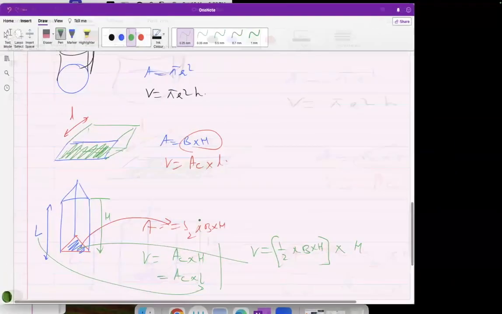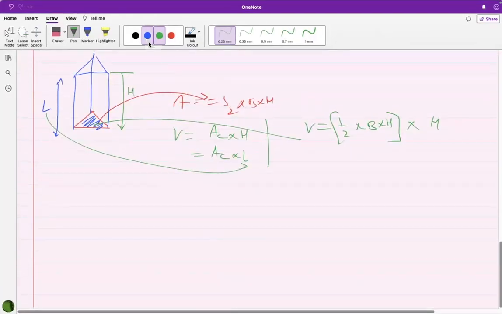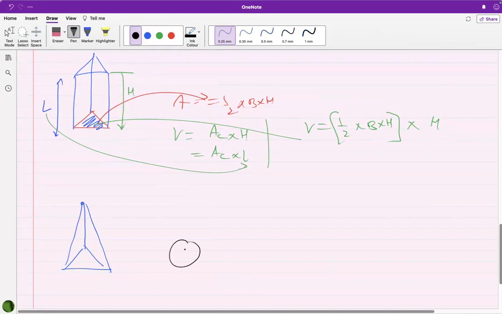Now we also have some different kind of 3Ds. For example, a pyramid that changes its cross-section area when it is moving upwards. For example, we talk about a cone. We just talked about a cylinder. It was same throughout at the bottom and top.